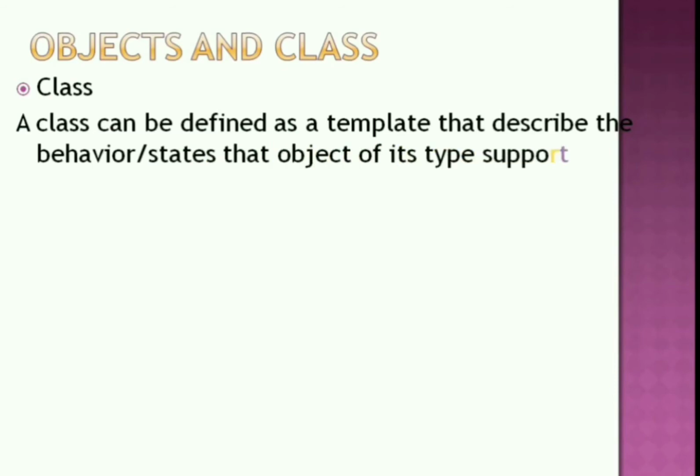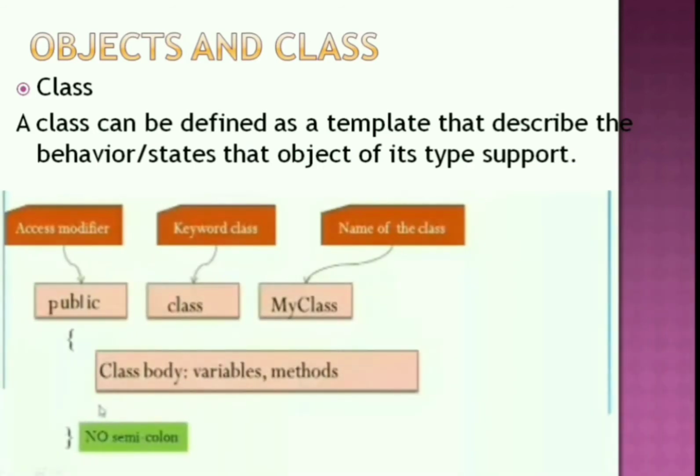This is the structure of the class, which contains an access modifier, the keyword class and the name of the class. So we are going to learn about the access specifier in detail.